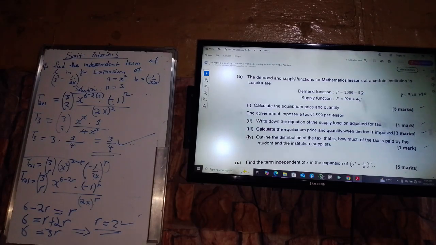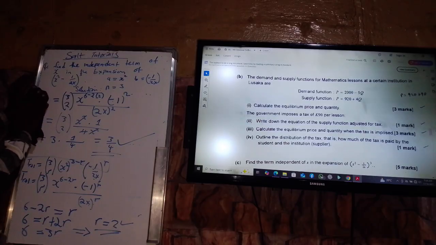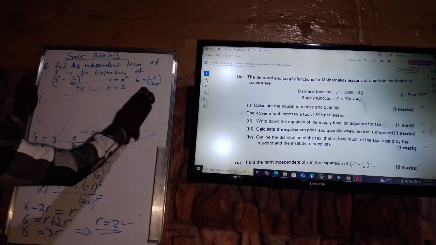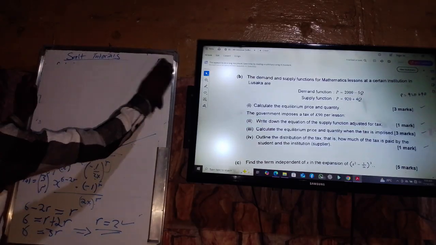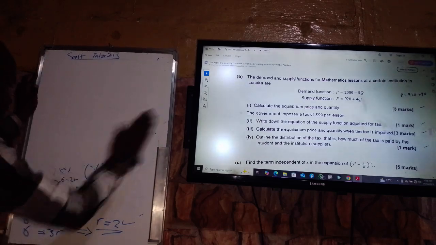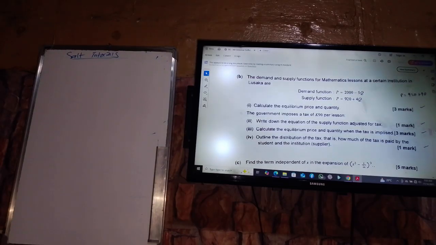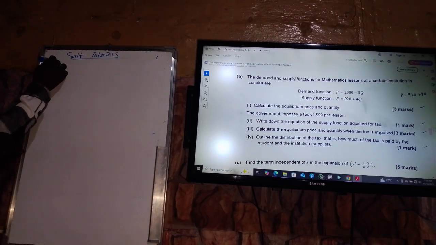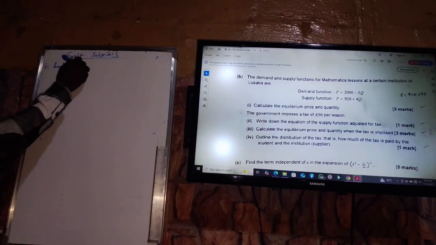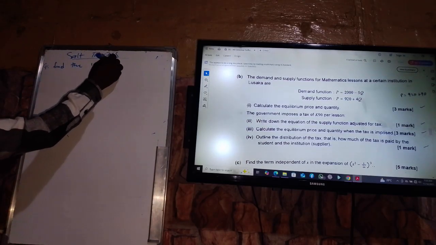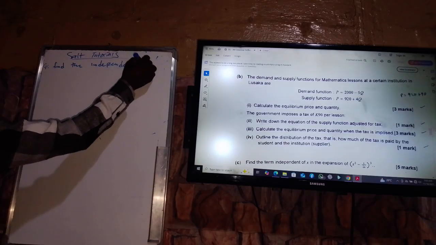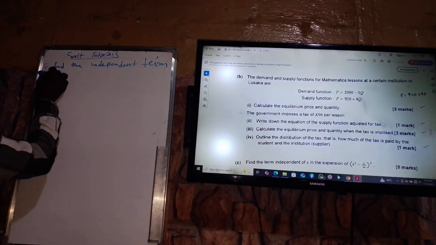Okay, then let me look at another one on the same topic, but this time around I'm simply saying find the independent term of y.